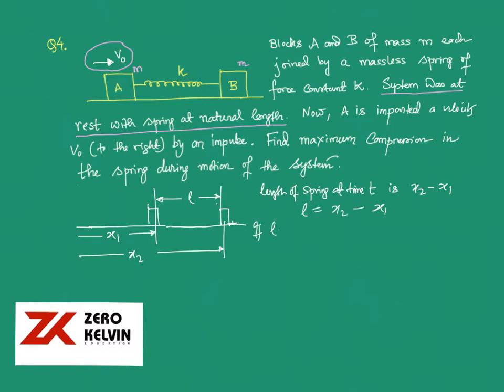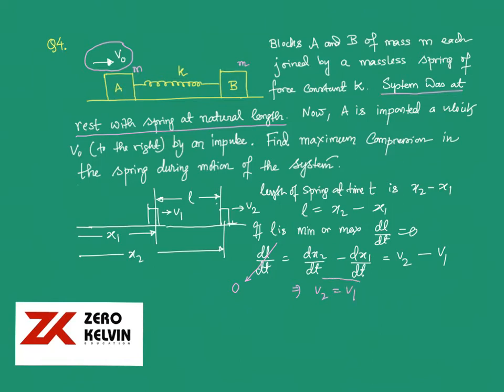If L is minimum or maximum, we know by maxima and minima that dL by dt is equal to 0. dL by dt is dx2 by dt minus dx1 by dt. dx2 by dt is v2, dx1 by dt is v1, the velocities of block 2 and block 1. When L is minimum or maximum, this term is equal to 0, which implies v2 is equal to v1.